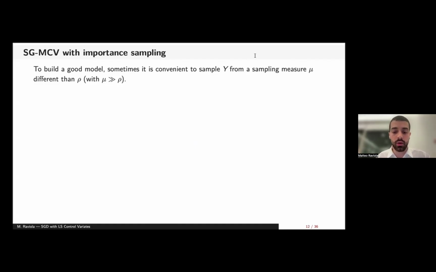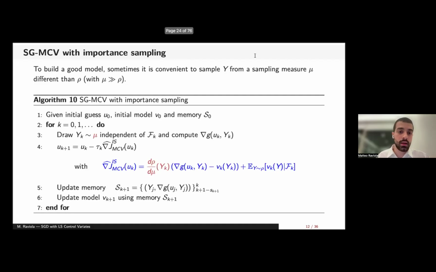So here we want to generalize the algorithm to an importance sampling setting, where instead of drawing samples from rho, we draw samples from mu. The update is almost the same. The only thing that needs to change is that we reweight our update by the likelihood ratio d rho over d mu, but the rest is all the same. So now we can accommodate sampling from a different measure.